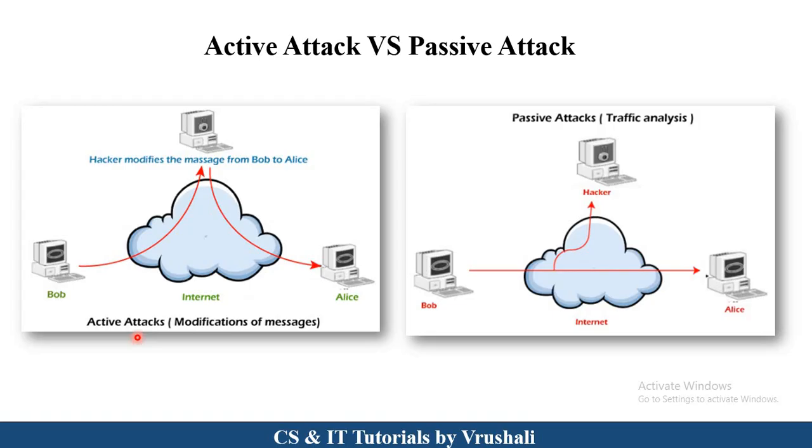Active attack means the attacker watches or reviews this information and modifies it, right? So modification is the operation performed here. This modified information is sent to the receiver. They don't get the original message, right? So this is called an active attack.